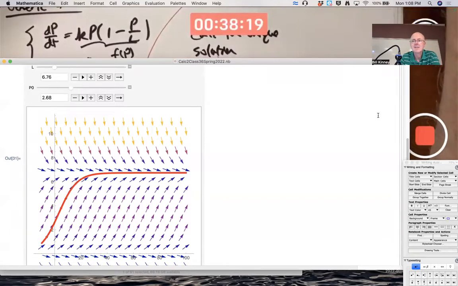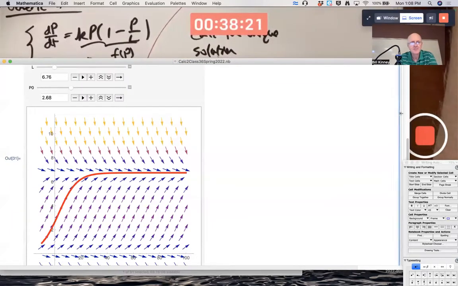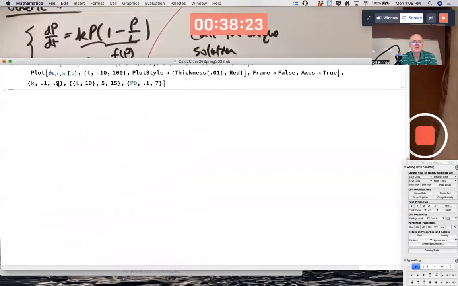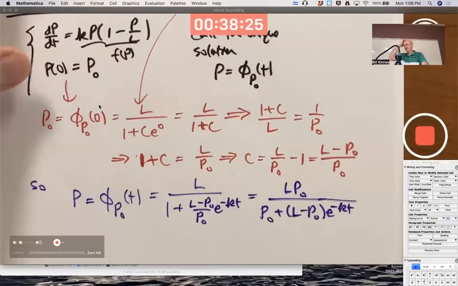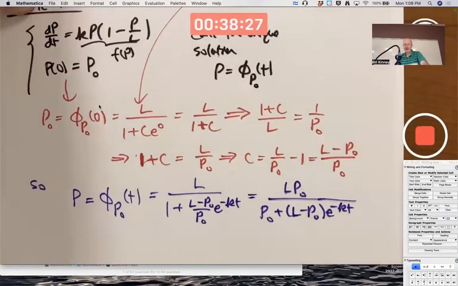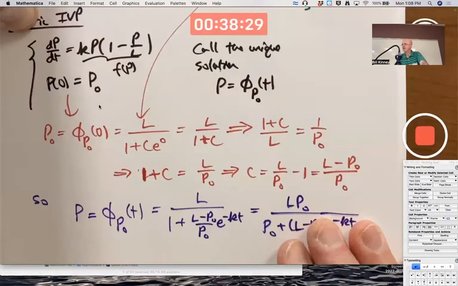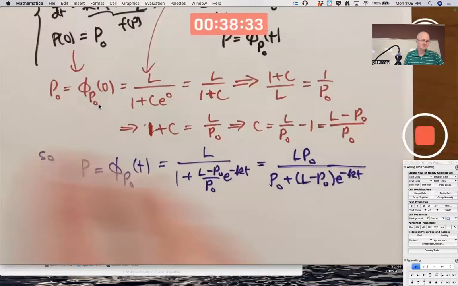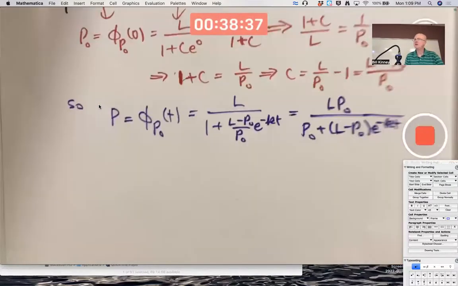Okay. What I want to show you now is that you can do all this without technology and without actually doing the solving. You can think about it qualitatively, by doing what we did last Friday.